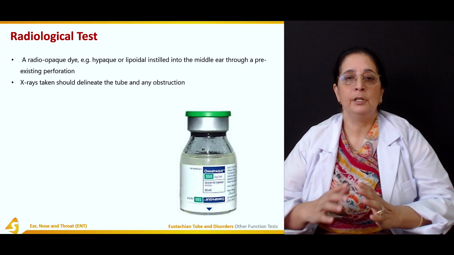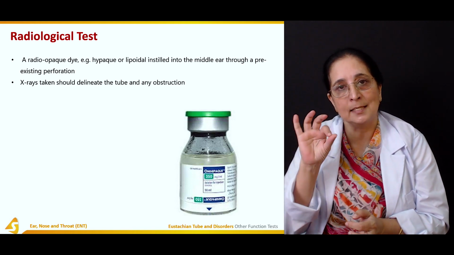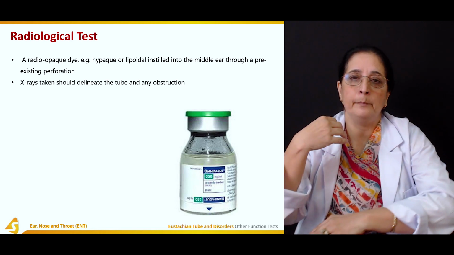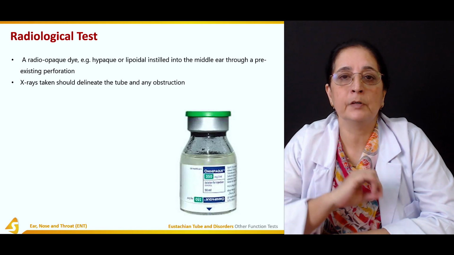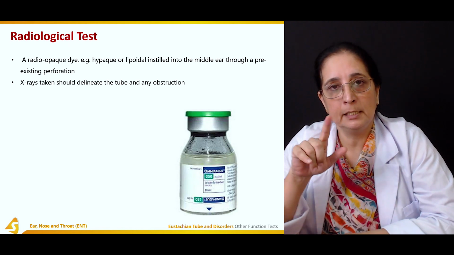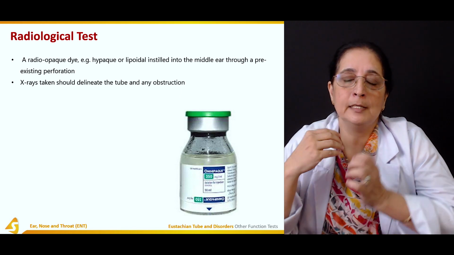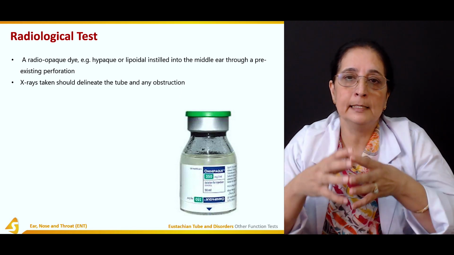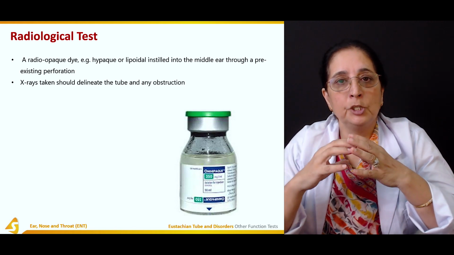So if there is a perforation in the tympanic membrane, the dye is inserted, and it can be observed by x-ray, which shows whether the dye delineates the Eustachian tube. If there is any obstruction, then the dye won't be present in the Eustachian tube.